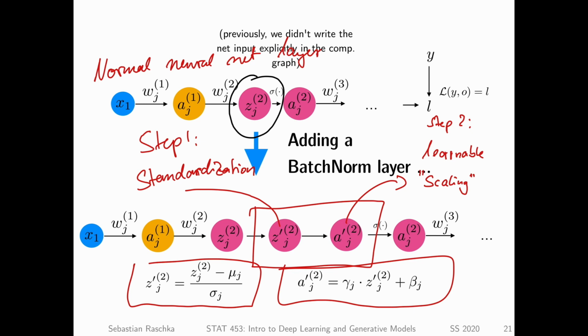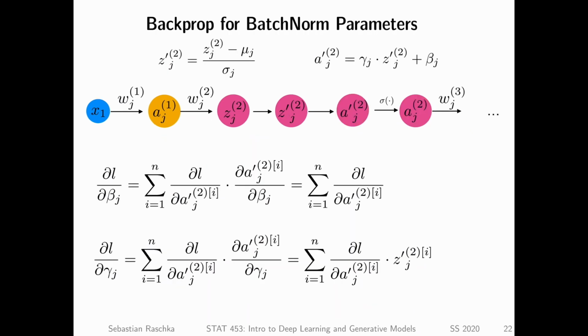At the bottom, I'm showing you the same path with the batch norm operations added to it. In batch norm, we have two additional parameters, gamma and beta, for which we want to compute the derivatives. So we are interested in the derivative of the loss with respect to gamma or beta.